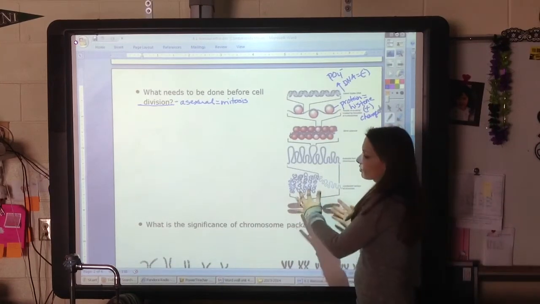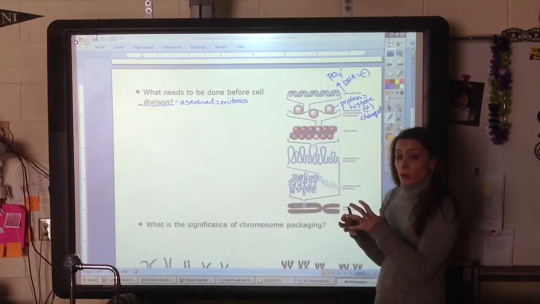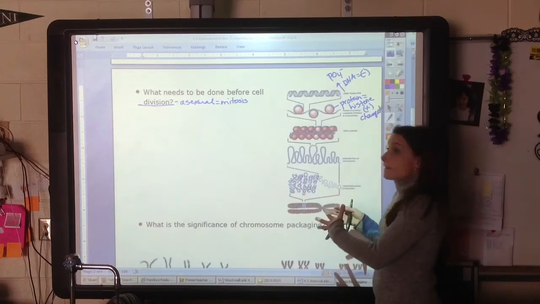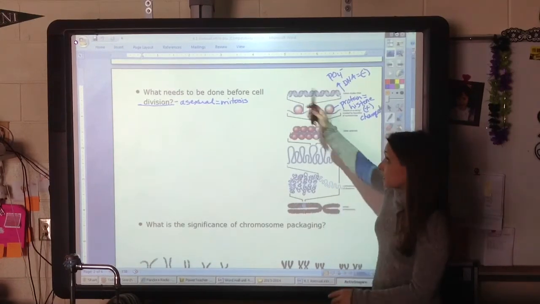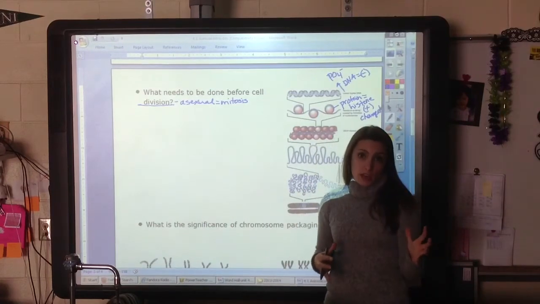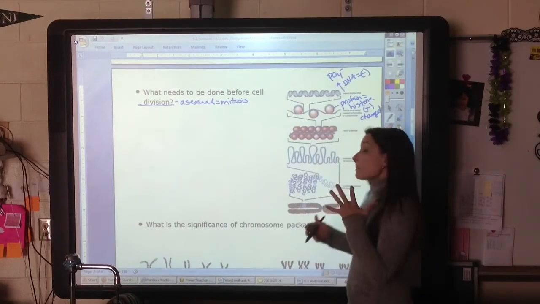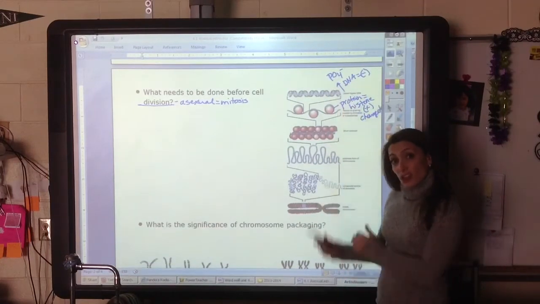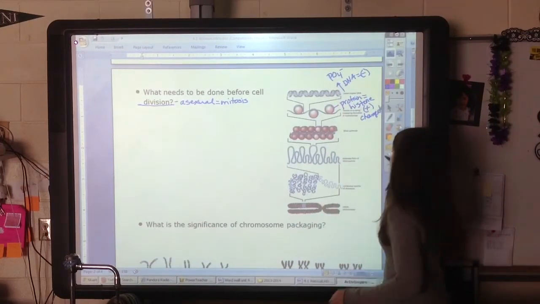So when we see a chromosome that's coiled and packaged up, we really need to know the reasons why. One of the reasons is because we're preparing for cell division. We need to be able to move our DNA in an organized way. And in order to do that, we use the chemical nature of the DNA molecule.